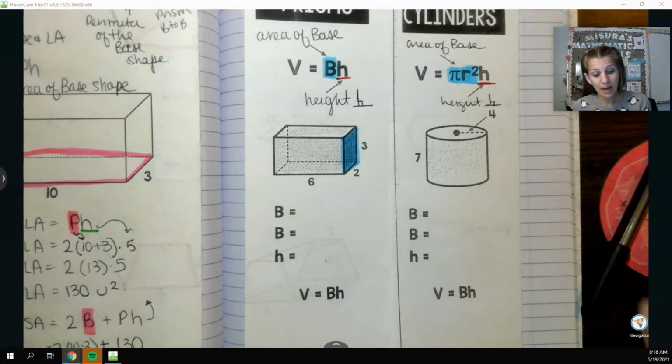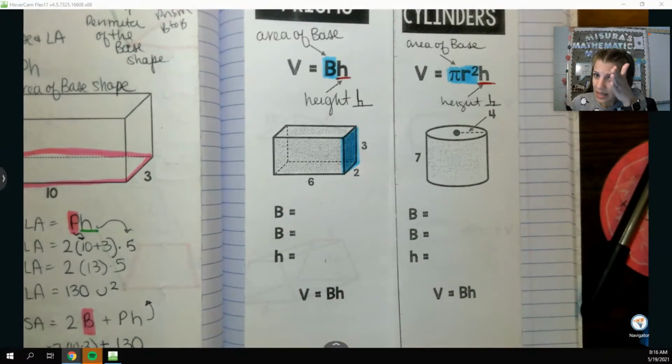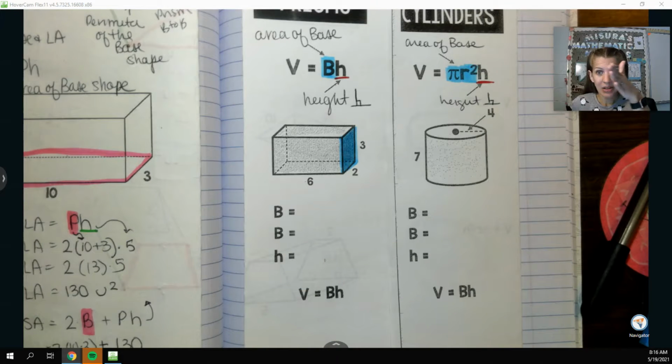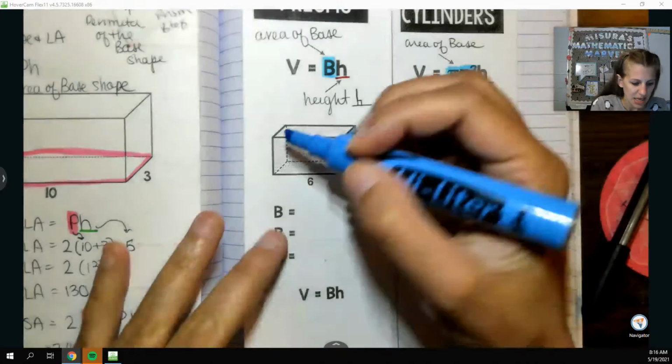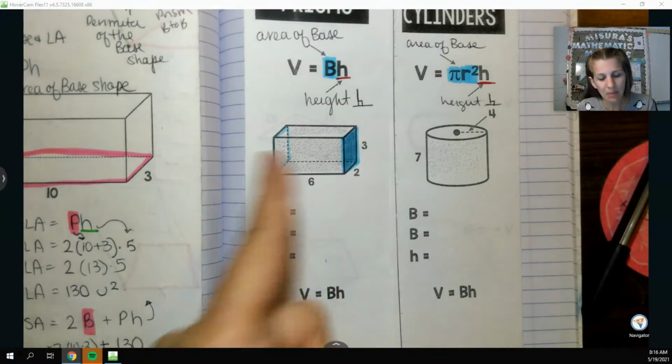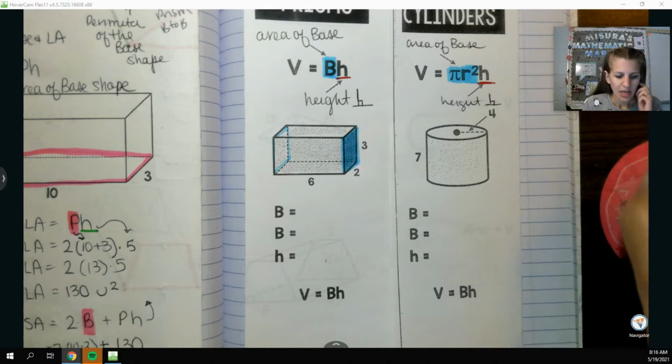When we're talking about volume, we're talking about this really thin layer of this piece and then stacking it along until I get to the other side. And this is the other base because it's always parallel to it. And we're stacking them up until it fills up the whole thing.